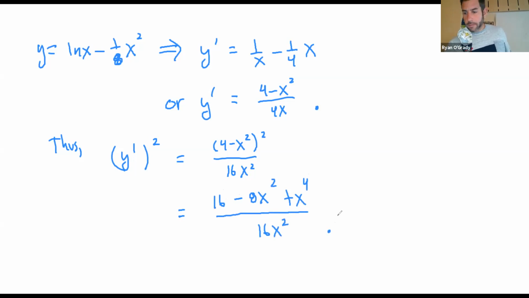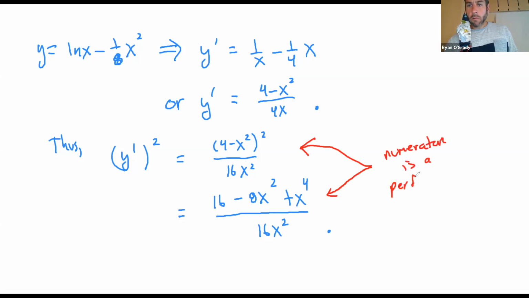So let me repeat, and this is very, very important. You learned all about this in algebra, and you almost undoubtedly forgot. This numerator is a perfect square.